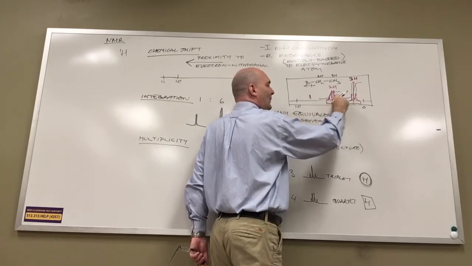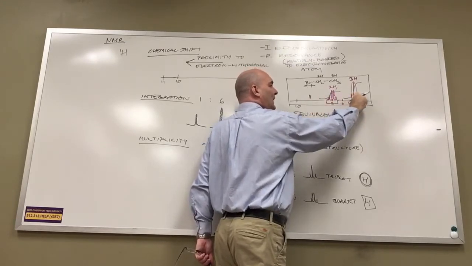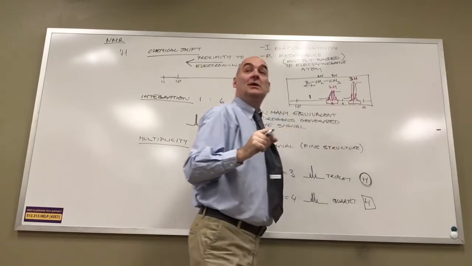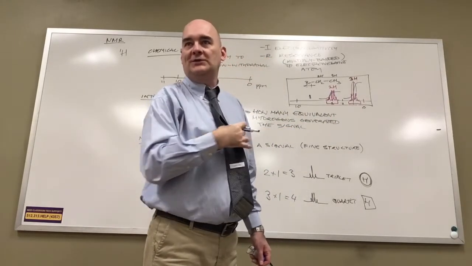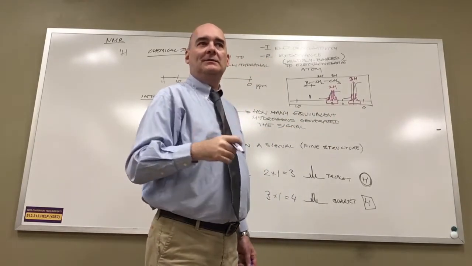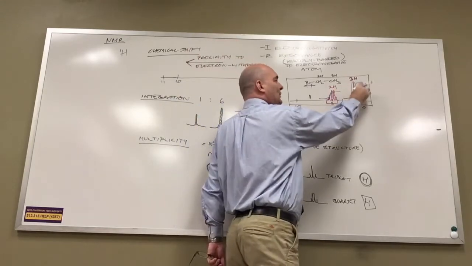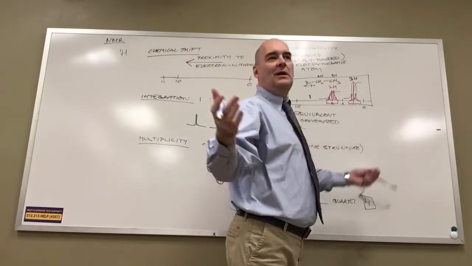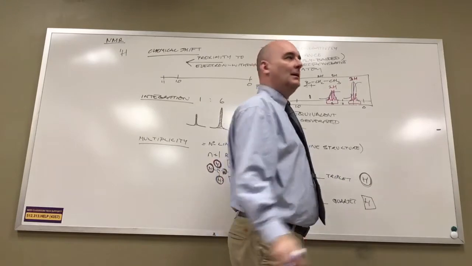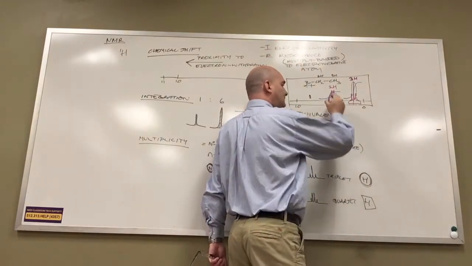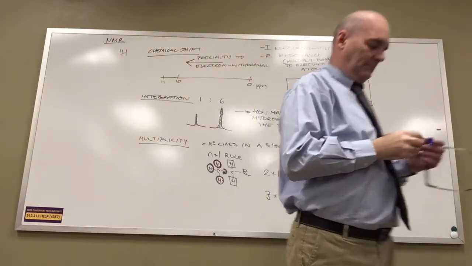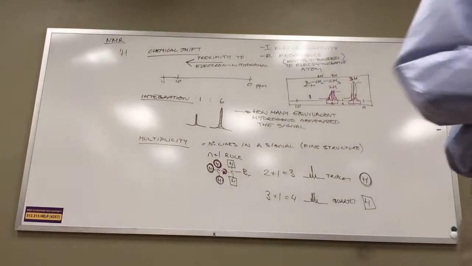You would measure how many boxes high this was and how many boxes high that was, divide by the smallest number. And if this one came back to be 1 to 1.5, you would know, well, I can't have a half of a proton, so it has to be 2 to 3. Okay, let's do some work.